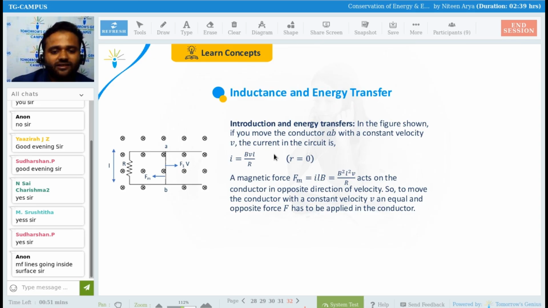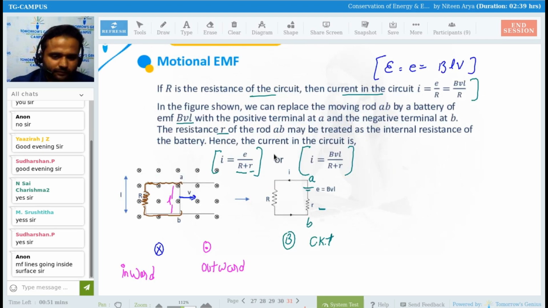Good. Now inductance and energy transfer. Okay, let's complete this, or should I teach you transformer? Okay, first of all I want to teach you transformer, then we focus on this. So it is clearly understood what is motional EMF and what is the induced current due to the motional EMF, because this particular formula is going to help you out, and it is a very important formula also.